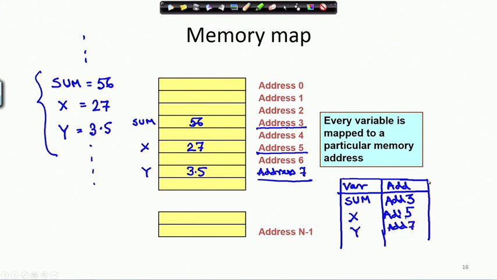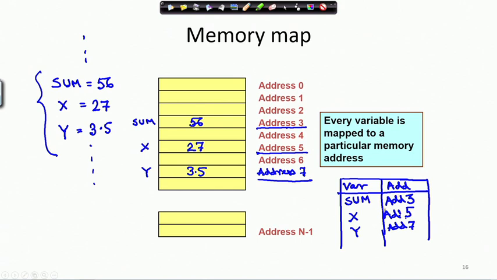Now, the program in the machine language is converted in terms of these addresses. These variables will no longer appear in the machine language, all right.